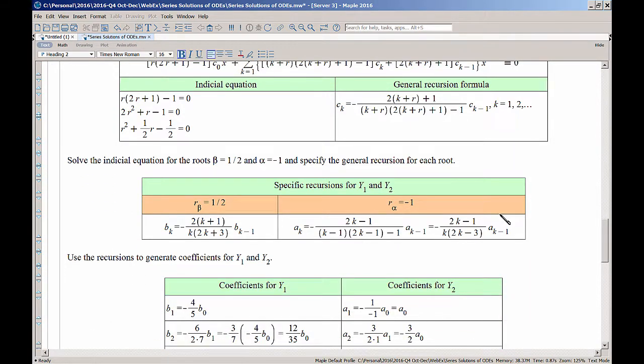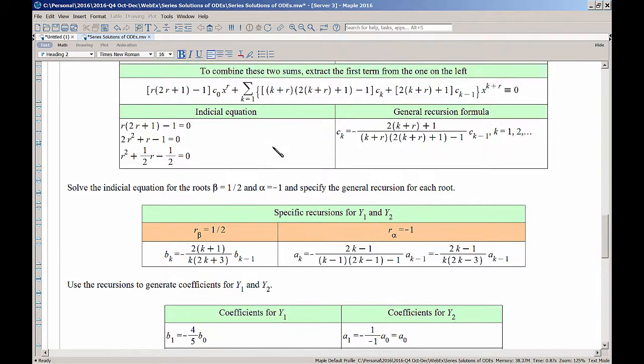So for the two values of r, you will get two recursions. And when r is a half, that's the beta value, I'll use b here, this recursion formula becomes this.